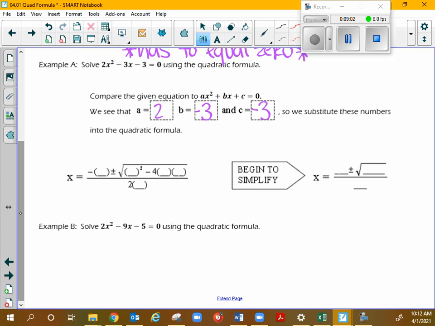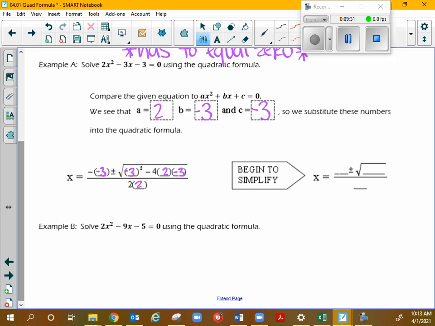So they've got it nice and set up for you, so we just have to plug things in. So -b, well, what's my b? -3 plus or minus the square root of b squared. So what's -3? What's going to go here? 2 and -3 all over 2 times a. So what goes in here? 2. Now we start to simplify. -3.